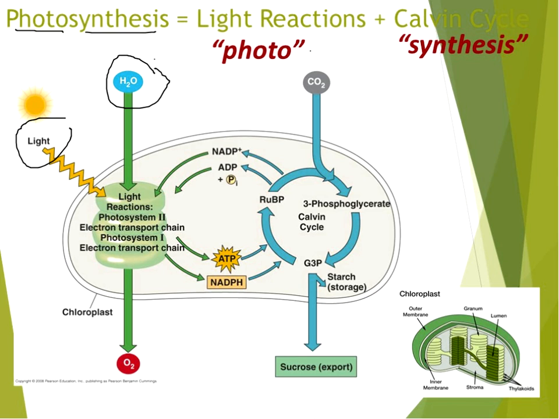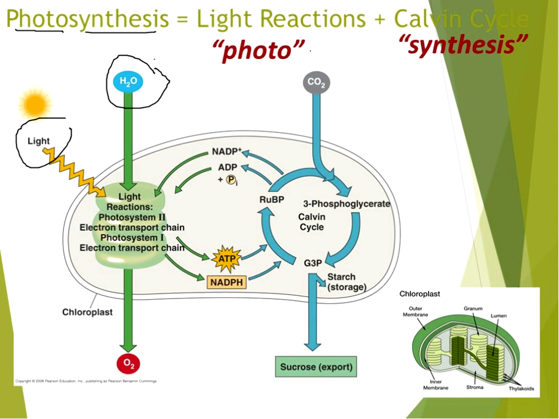There are two systems, photosystem 2 and photosystem 1, and they're both absorbing light through these thylakoid membranes and through the chlorophyll there. In doing so, they're both involved in electron transport chains in which they're moving electrons in order to gain energy from that light.